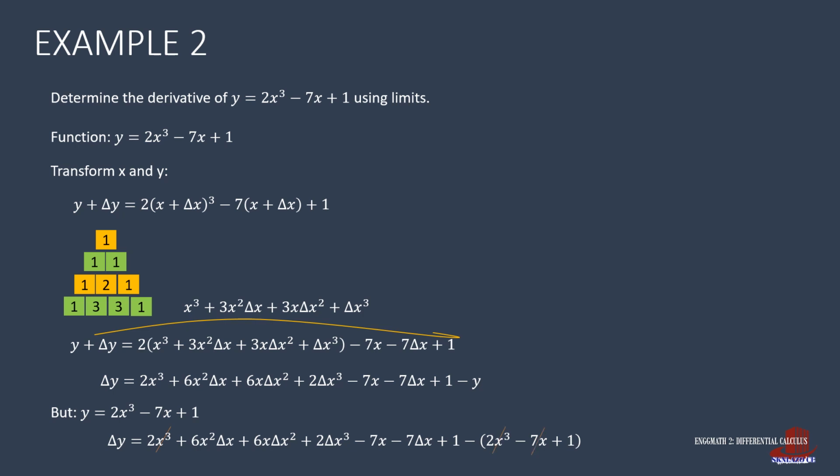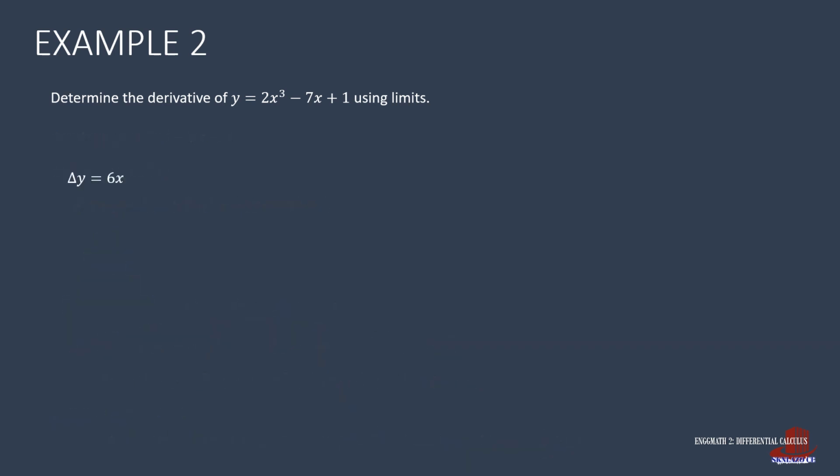Reduce the equation by reducing similar terms like 2x cubed, 7x, and 1. The function then turns to delta y as equal to 6x squared delta x plus 6x delta x squared plus 2 times the cube of delta x minus 7 delta x.